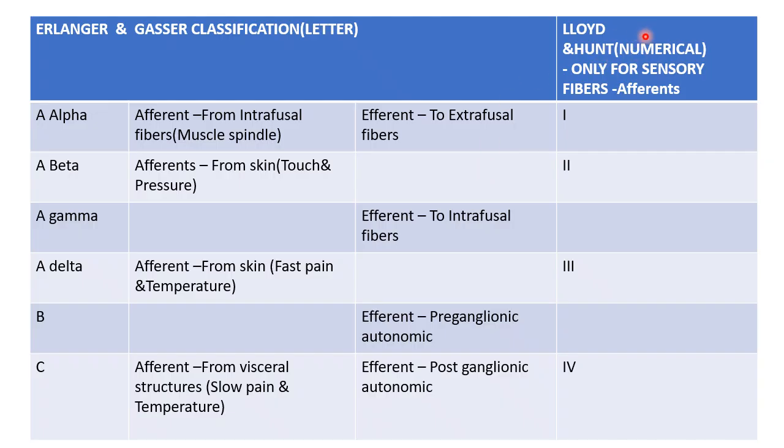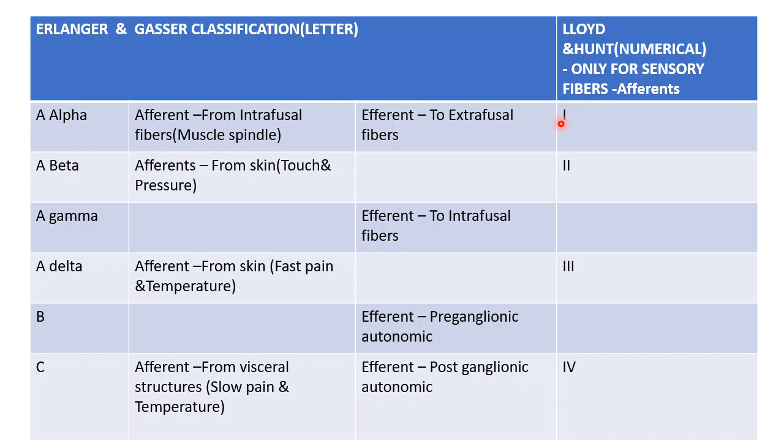Then coming to the numerical classification, it was made only for sensory fibers, that is only for the afferents. So if you equate with the Erlanger-Gasser classification, you can pick up only the afferents and give the numerals 1, 2, 3 and 4.